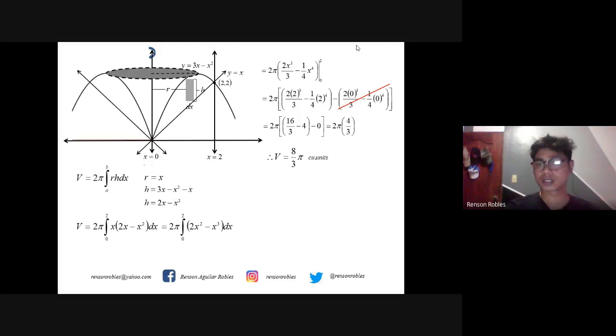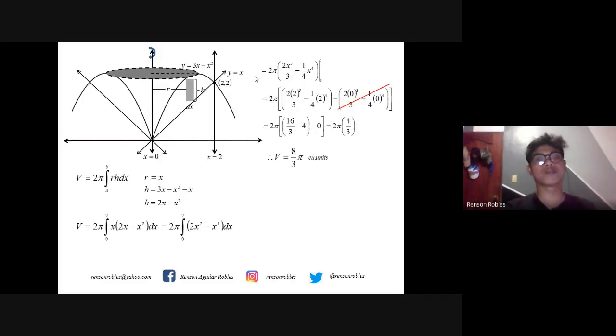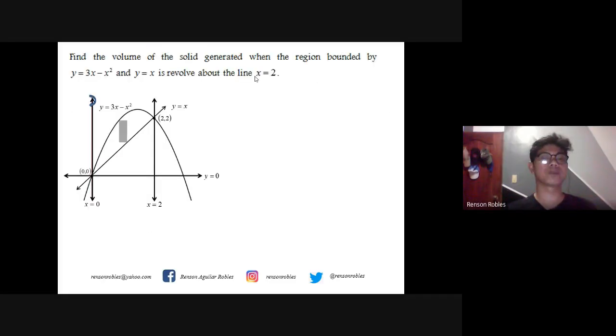The next, we modify this problem, I think. That's it. We revolve this over the line x equals 2. The same region, but this time it's x equals 2. Again, try 8 pi over 3 when the axis of revolution is the y-axis. And let's see if the axis of revolution is the line x equals 2.